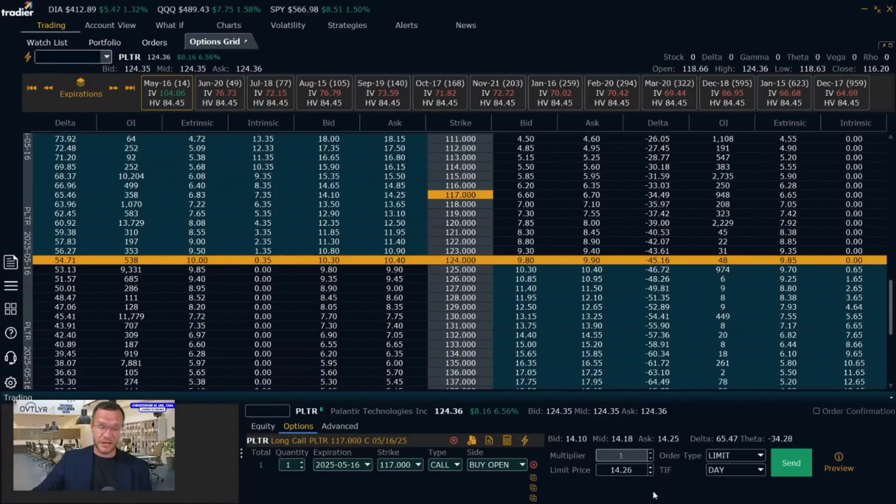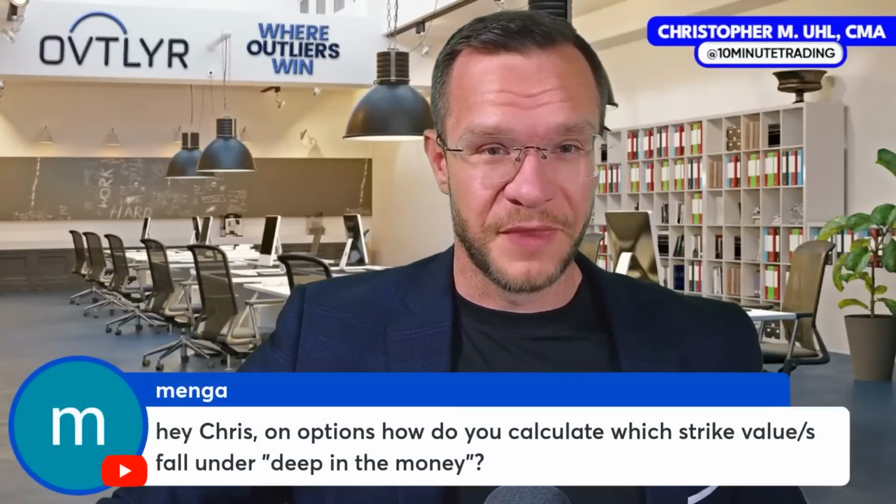Sometimes you got to pay up for it, and that's okay. And then on the close, I'll try and do the same thing. If I'm selling it to close, mid price is 14.20. I might have to click it down, click it down, click it down. Honestly, all that matters is liquidity. If I can get out, that's what I'm looking for.